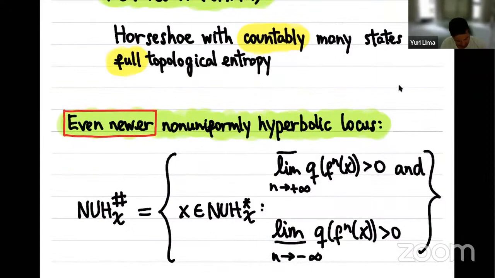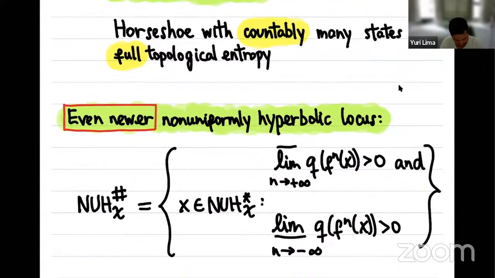We consider now only the points for which you have some non-uniform hyperbolicity, for which your capital Q does not decrease exponentially fast to 0. So this means that the small q is positive along the orbit. And then we require that the small q in the future becomes far from 0 along a subsequence, and the same thing for the past.